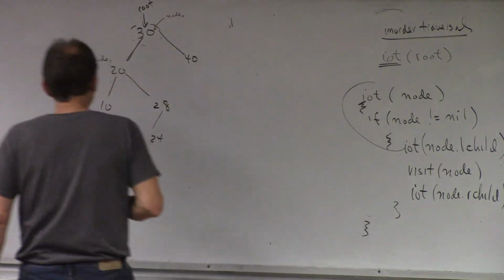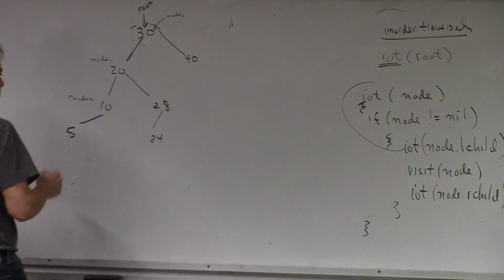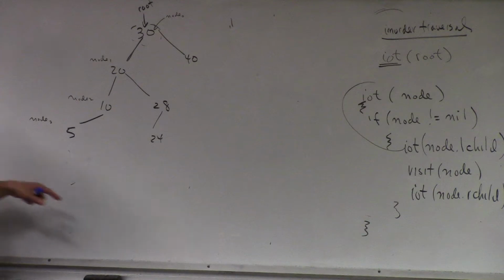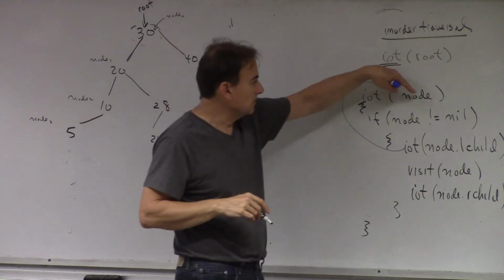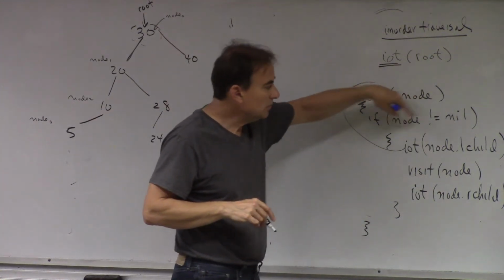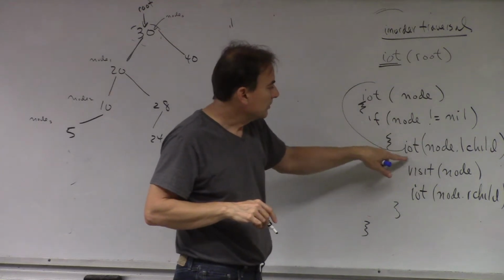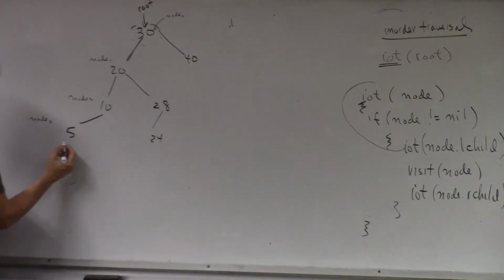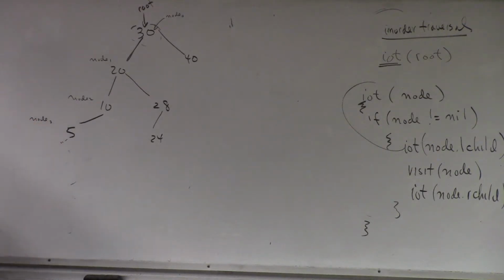So this one again causes another recursive level, sends this node into recursive level 3. Level 3 recursion receives this 5 node. Node is not equal to nil, therefore it sends the left child of the 5. Because the 5 doesn't have any children, we're going to assume that it's sending a nil node, or a nil pointer.